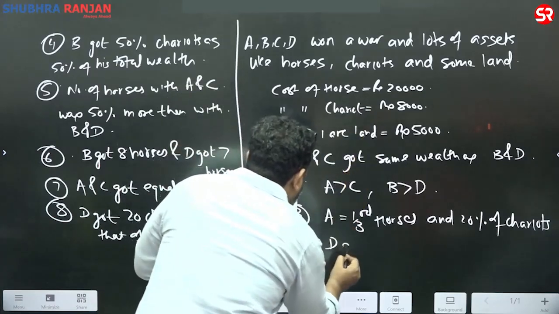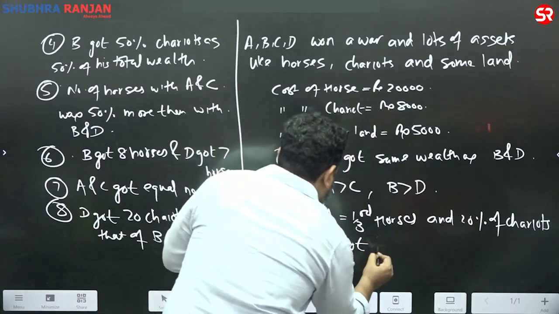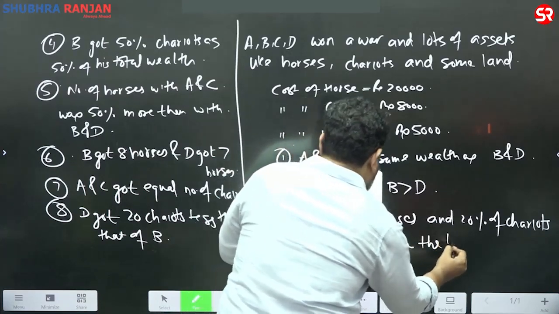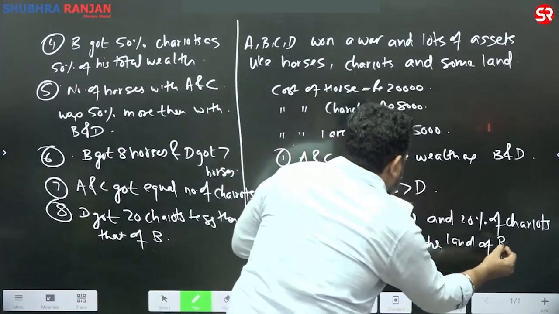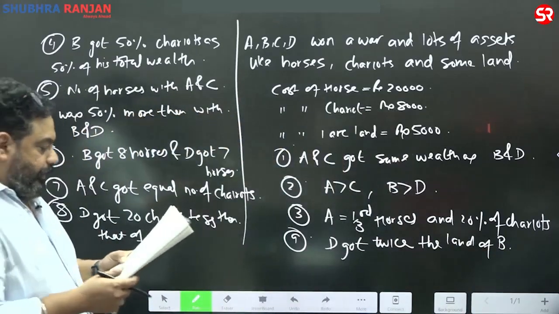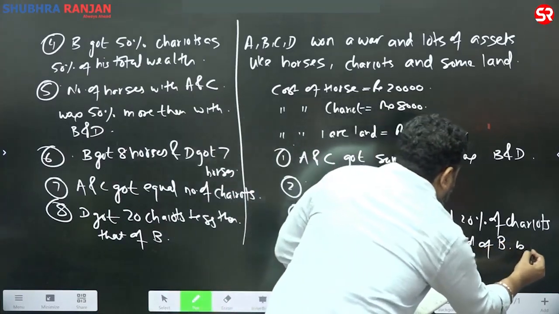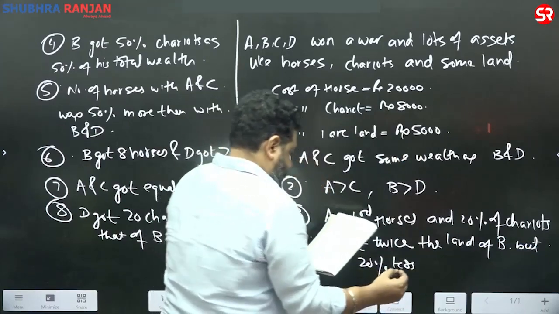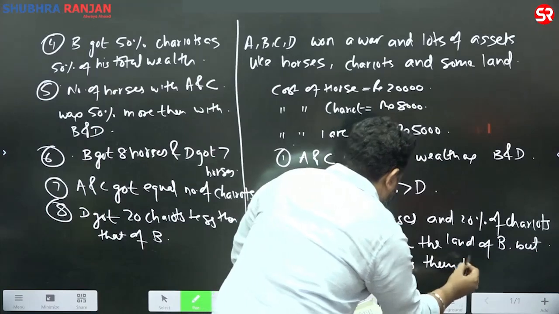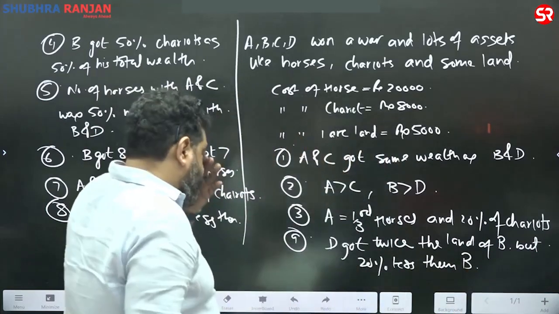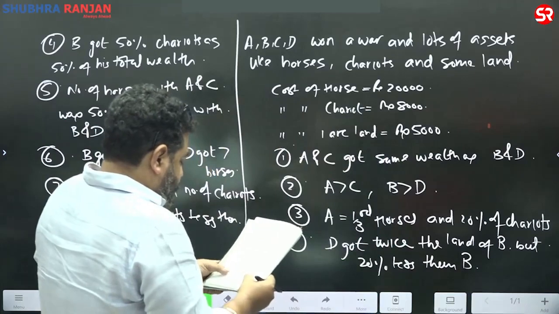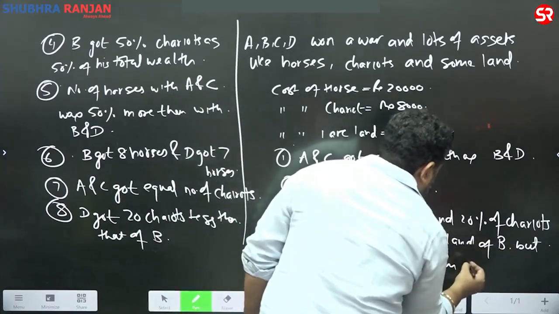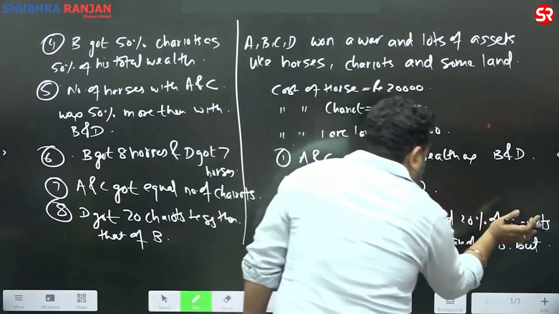D got twice the land of B, but 20% less than, ये B कर लो, twice the land of, ये C कर लो, sorry.